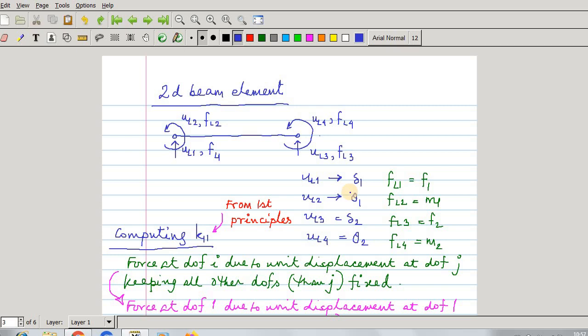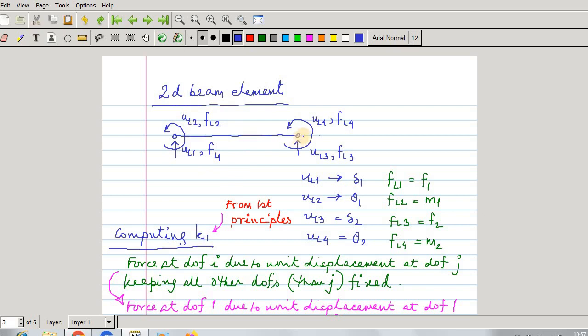Once we consider more complicated elements than this beam element, we have to take help of some other method. So this is called a 2D beam element.